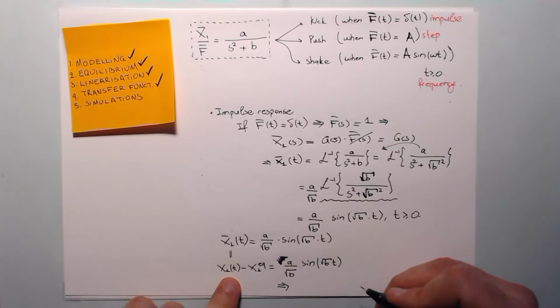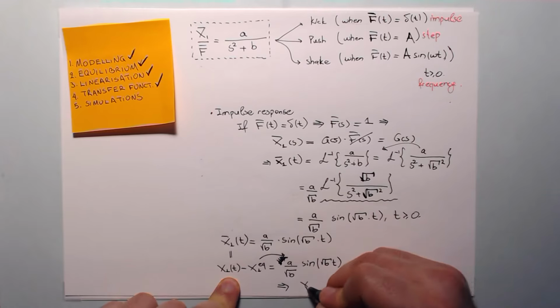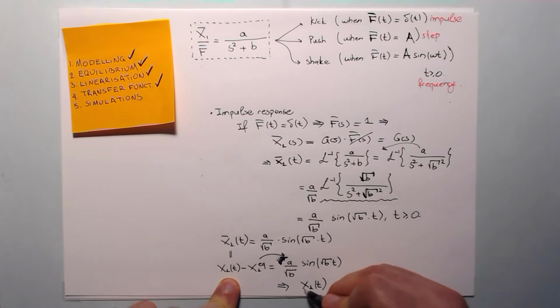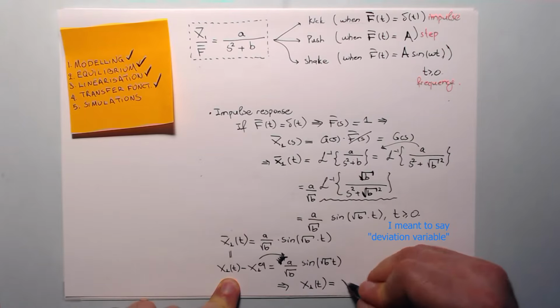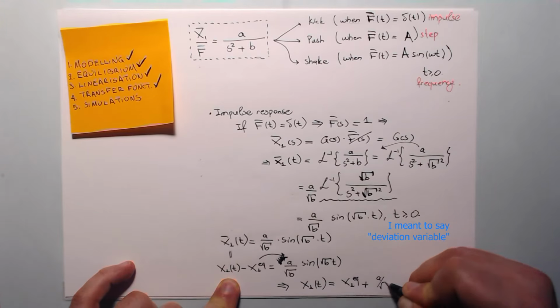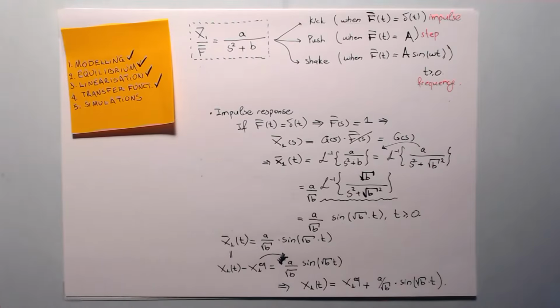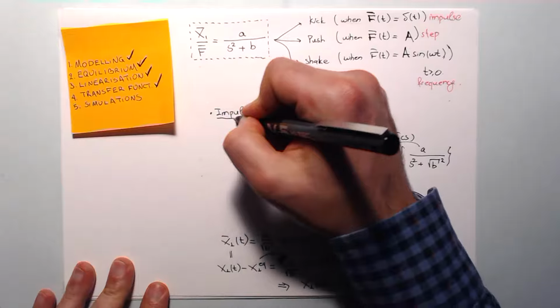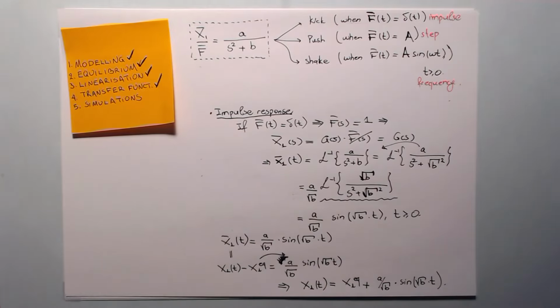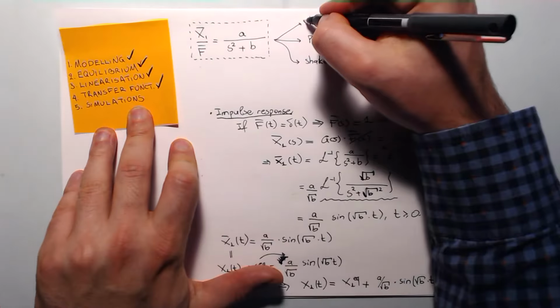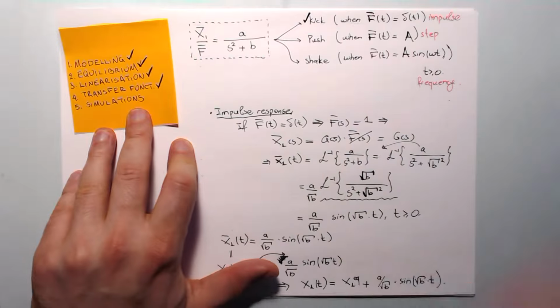And if you very much like, you can move that onto the right hand side, solve for x1, the actual variable, the actual displacement, not the equilibrium variable. And this is the result. This is what happens when you kick the system. This is the impulse response of the system. So with simulations, we've done 1 out of 3. We have kicked the system.